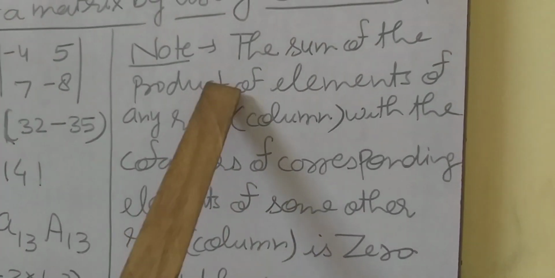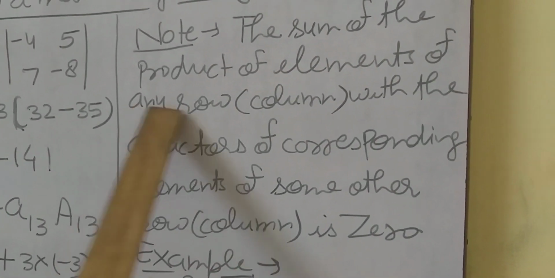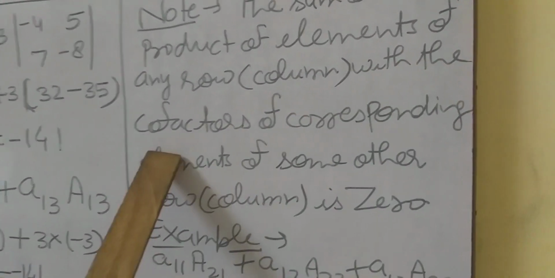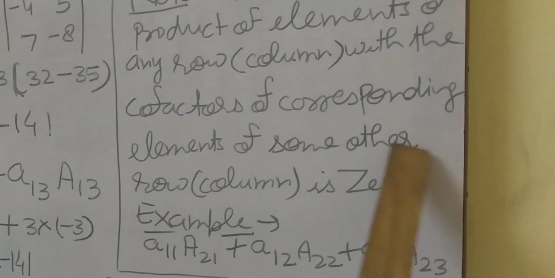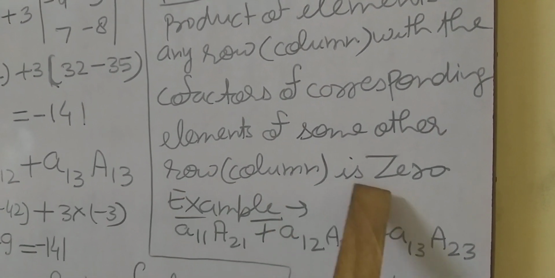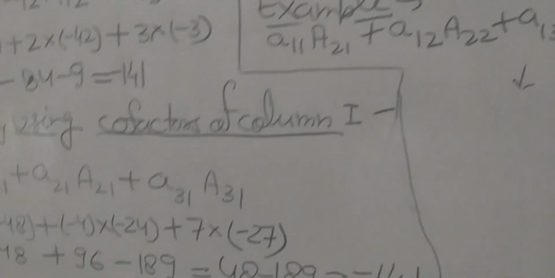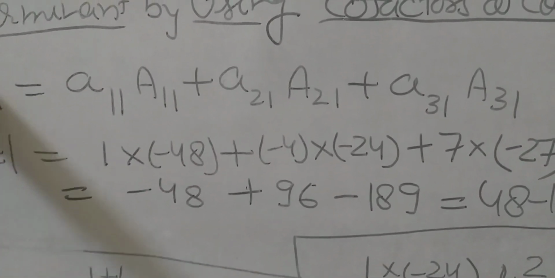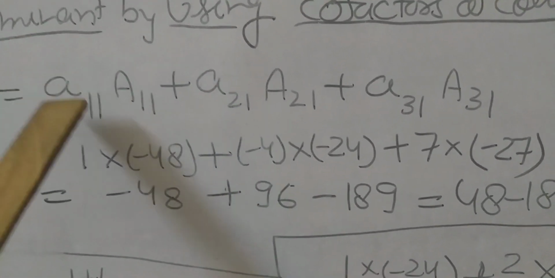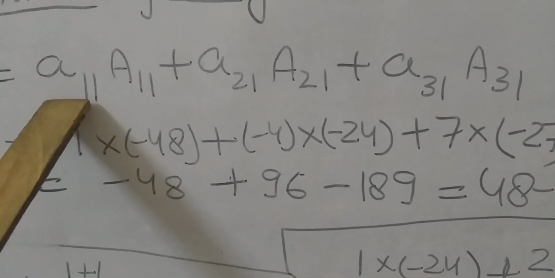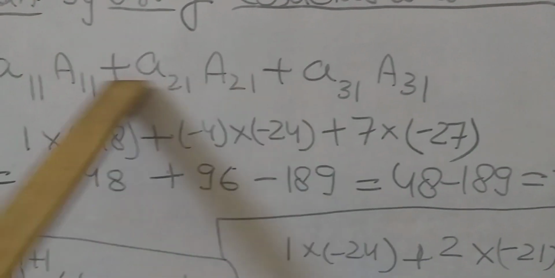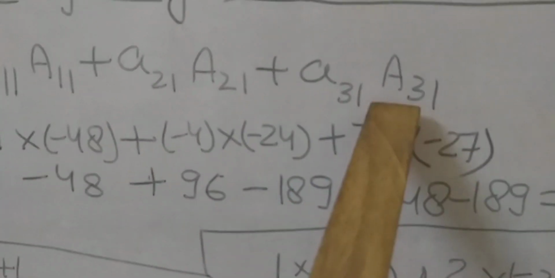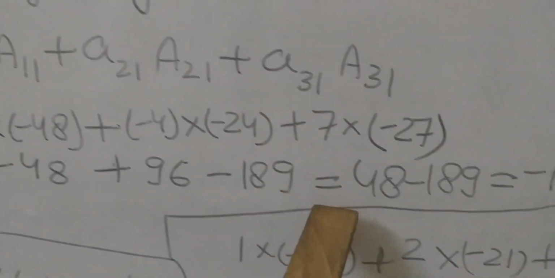That's why to find the determinant we have to use the same cofactor with the element; if we use the cofactor of any other row or column, we get 0.